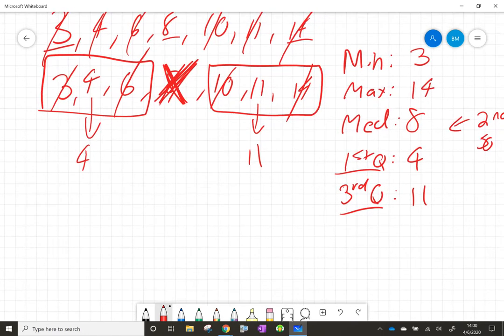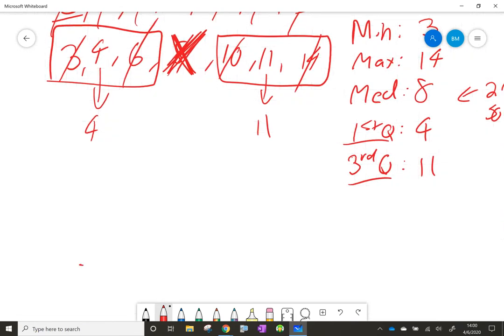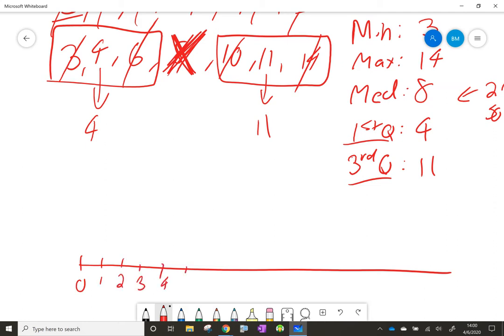Okay, now, if we draw a box plot, here's what it would look like. First, let's start with a number line. So on this number line, we'll go 0, 1, 2, 3, 4, 5, 6, 7, 8, 9, 10, 11, 12, 13, 14, 15. Okay.